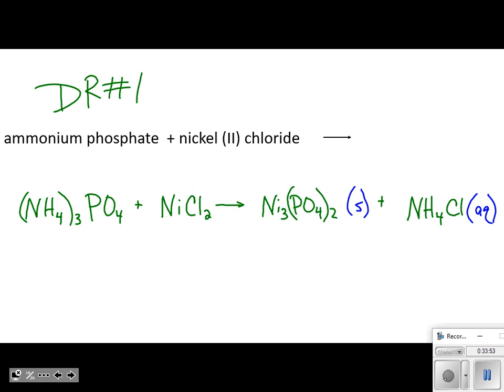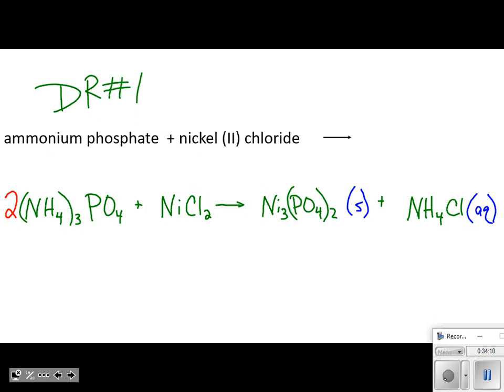And I tell you, this is a big balance here. I'm going to start with my phosphates. I have 2 on the product side, so I know I'm going to need 2 on the reactant side. So I'm going to put a 2 there for my phosphate.